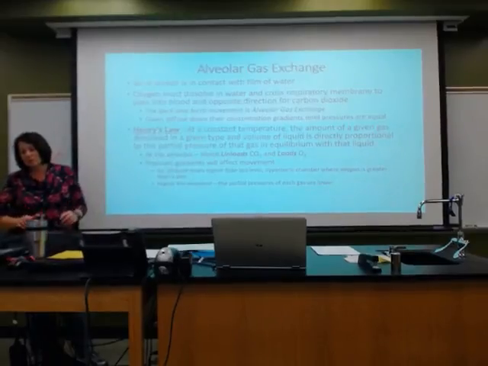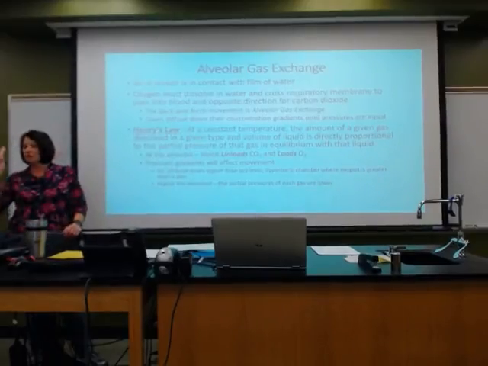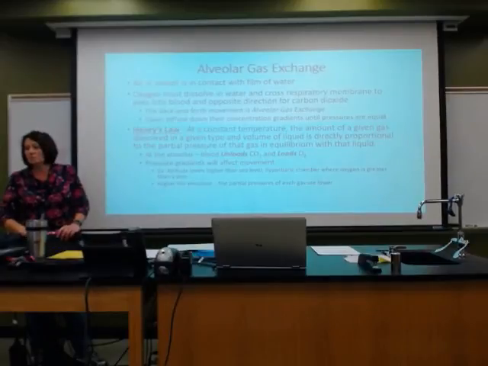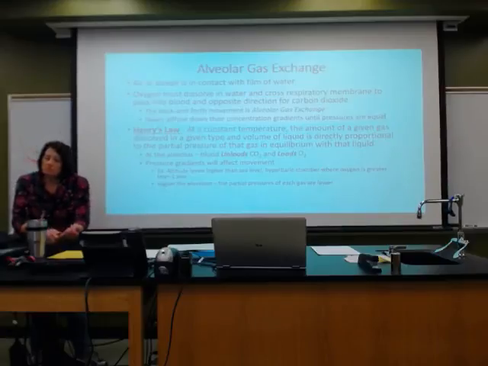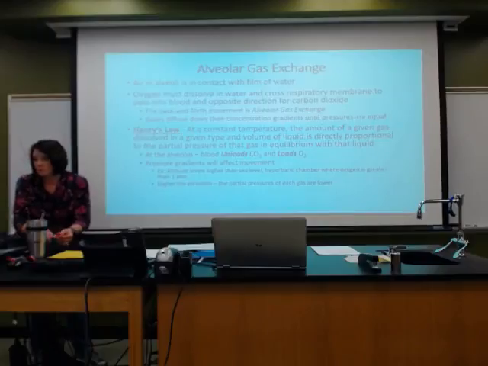So pressure is going to affect the movement of these gases. So if your pressure is off, your pH will be off. Then your body is going to kick in either increasing or decreasing your respiration to balance out the pH of the blood.